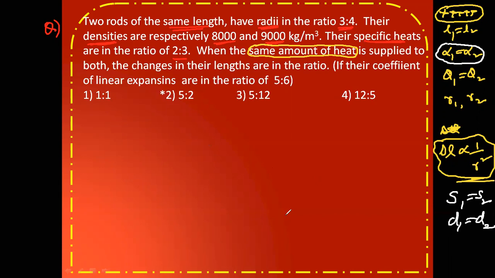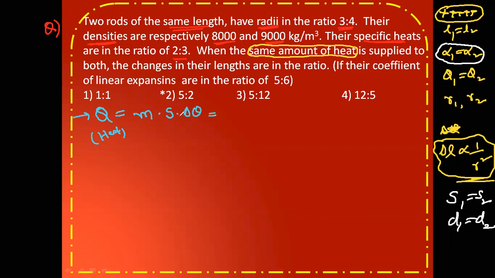I think you might know that formula very well from the earlier, lower classes. That is, the amount of heat Q is equal to the heat supplied or withdrawn. That is equal to the mass of the body into the specific heat of the body multiplied with the rising temperature.